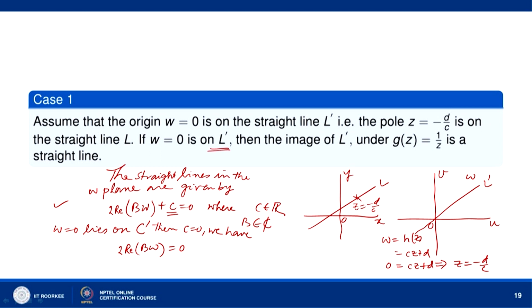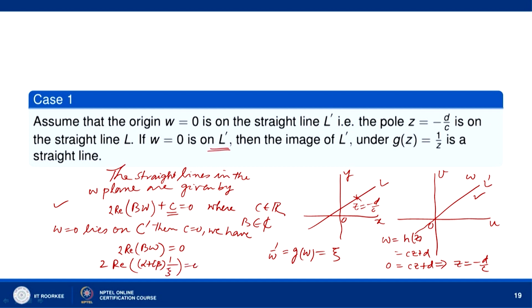Now let us consider g(W) = xi, that is, g(W) = 1/W. So, from the W plane we are now going to the xi plane. So, 2 times the real part of B, let us again take B as alpha + i beta, and then we will have W = 1/xi.